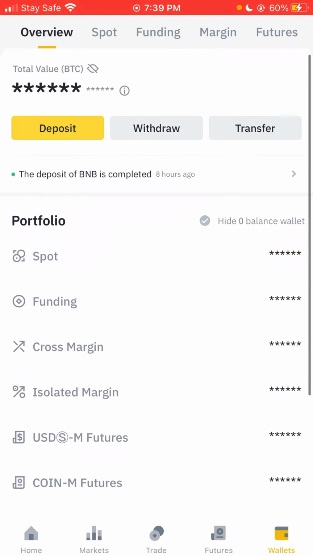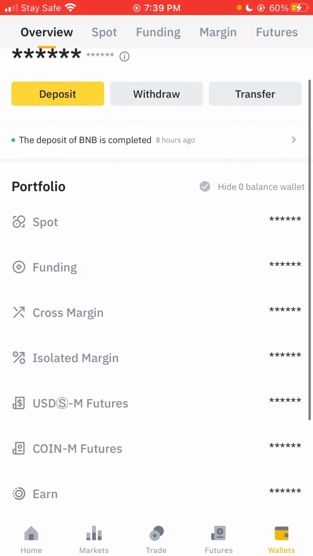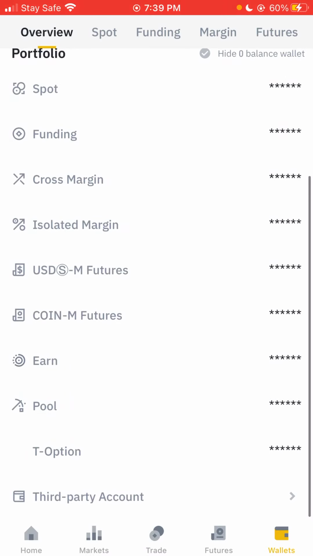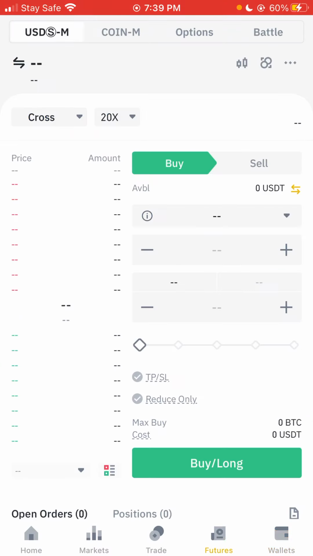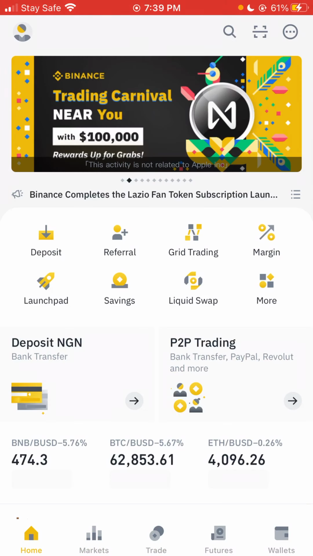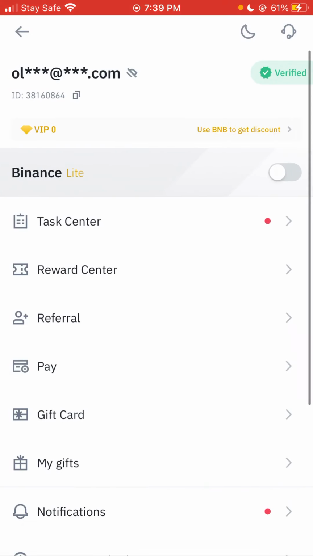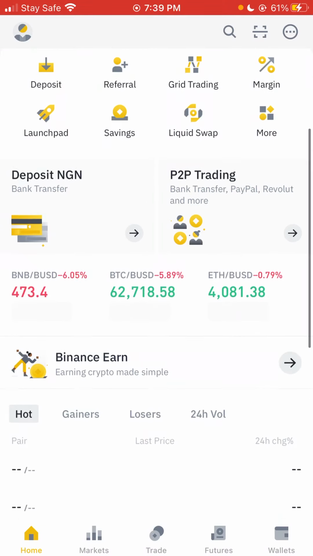So today we'll be talking about how to place some signals, some trades on futures. I'll be using Binance because, as we all know, Binance is one of the leading centralized exchanges in the world, and it's really easy to navigate, trust me, compared to other centralized exchanges.